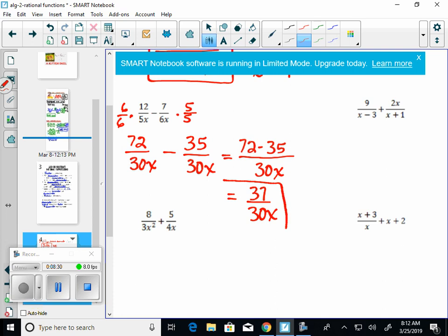This is simplified. Where is it undefined? It's undefined where x equals 0, because it's being multiplied, it's just going to be a 0.